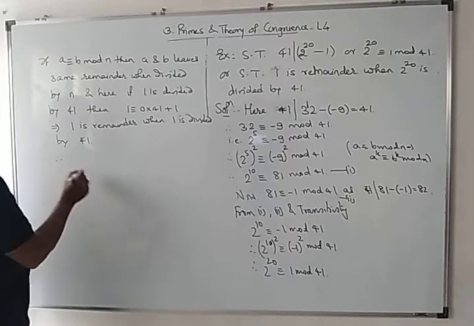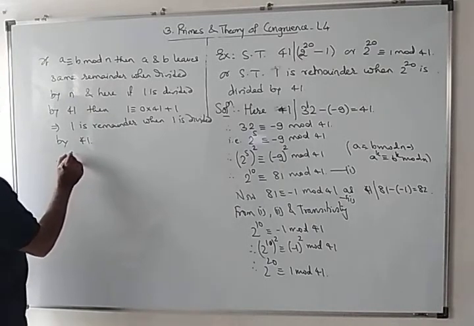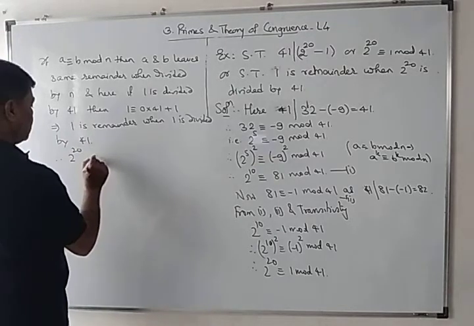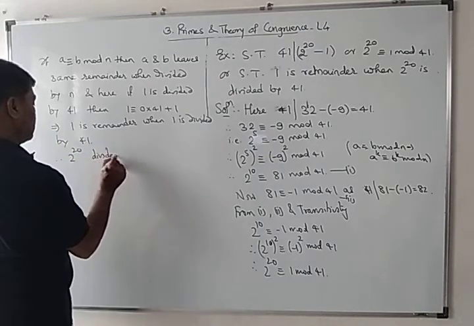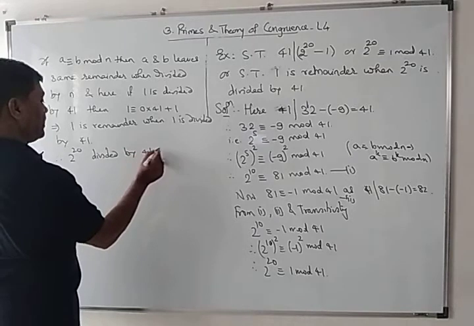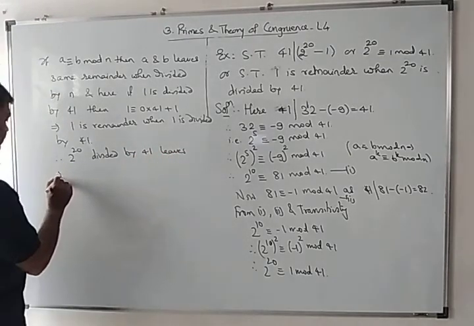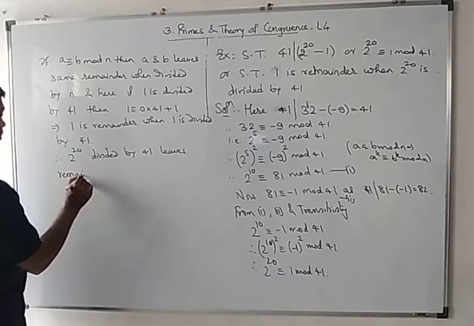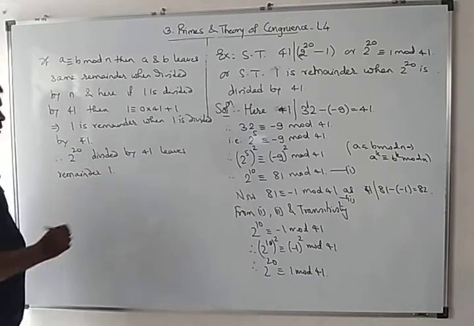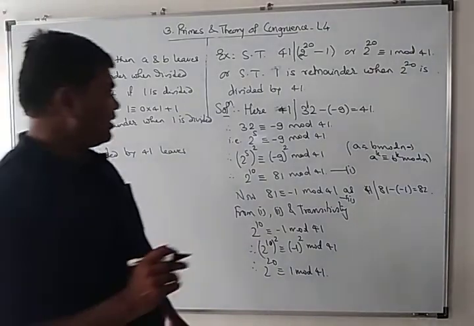And therefore 2 raised to 20 divided by 41 leaves the remainder 1. Is it clear?